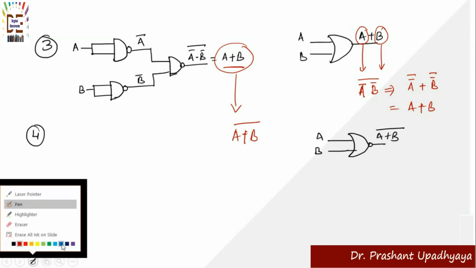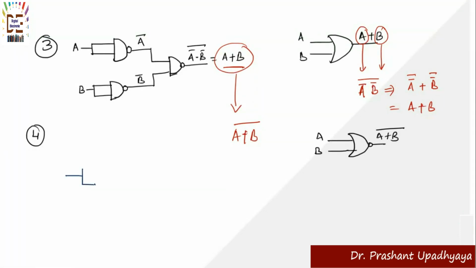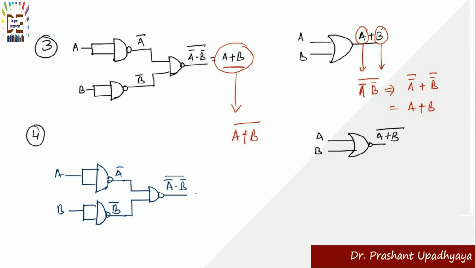So what will be the circuit? The circuit is going to be the same. We have a circuit like this. So let's say this is my A bar. Then we have a B bar. Then we will be having a circuit like this, A dot B whole bar.